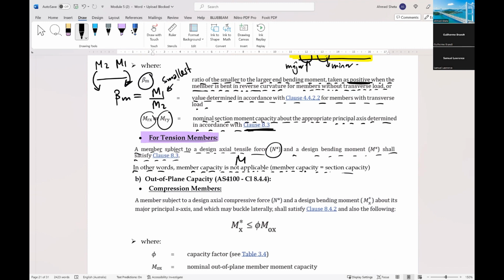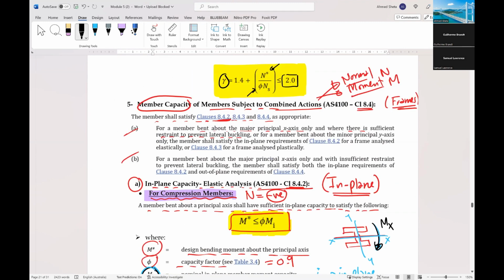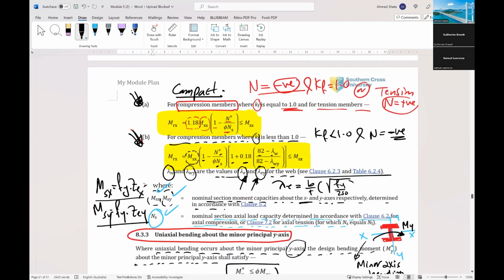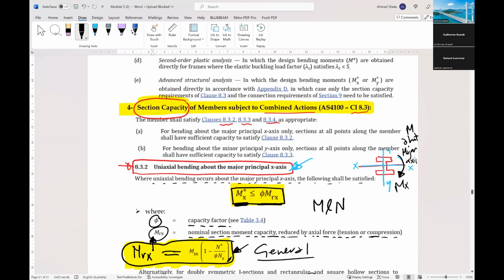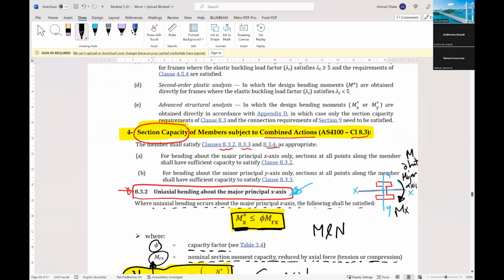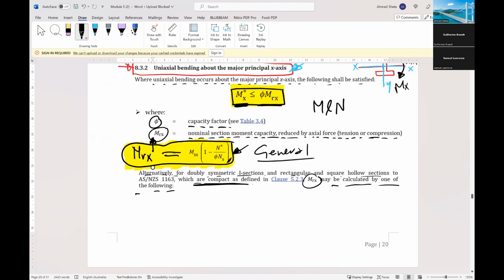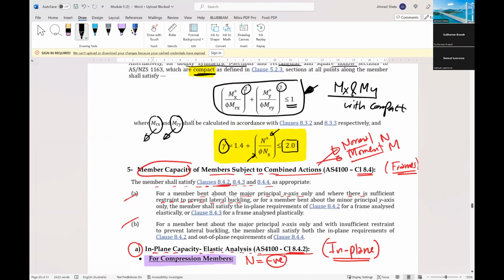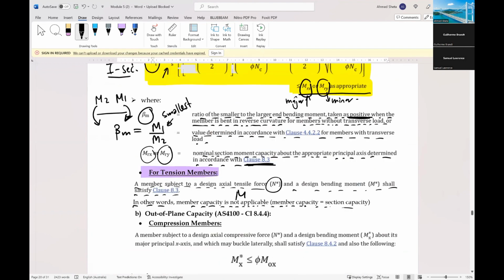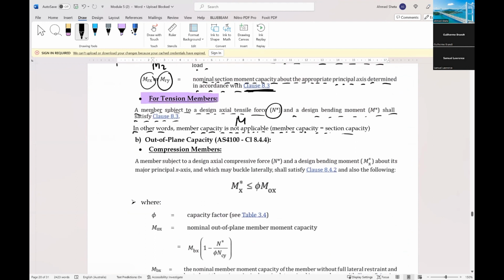If we go to clause 8.3, which is the section capacity, here is the section capacity. So here it will be MRX directly, so M star should be less than or equal to MRX.